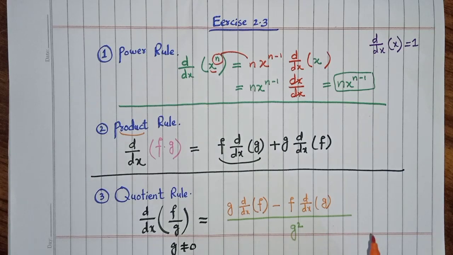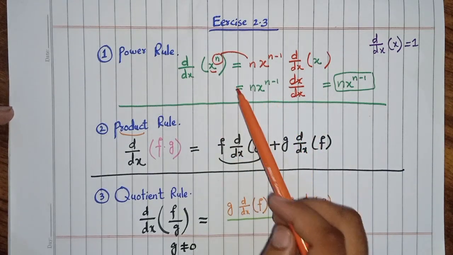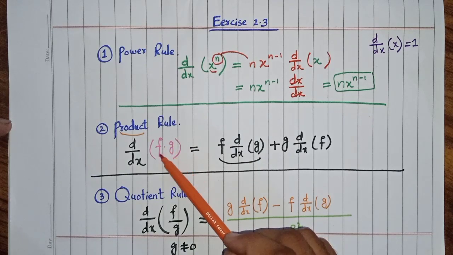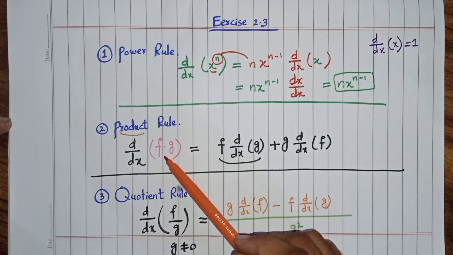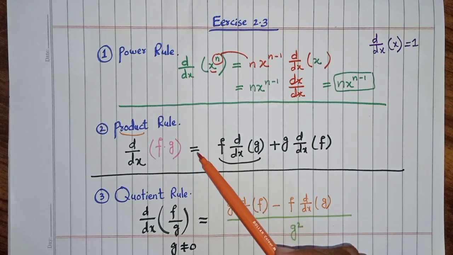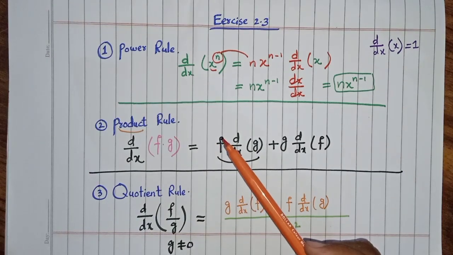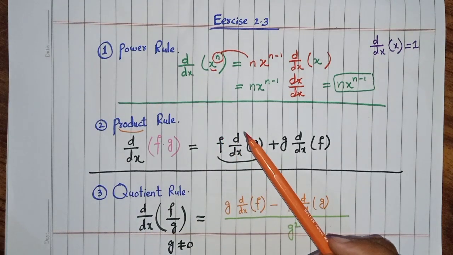This is called quotient rule. When some variable is appearing in power, we will apply power rule, when functions are appearing in the form of product, we will apply product rule, and we apply quotient rule when our questions appear in the form of numerator and denominator. Here we will do some questions related to this.